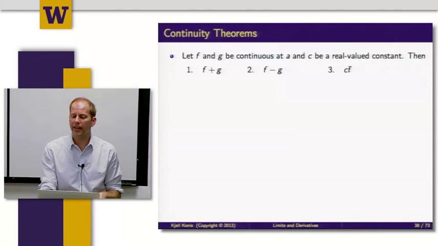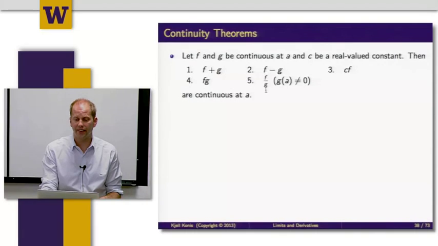If I multiply a continuous function by a real value, that's also going to give me a continuous function. If I take the product of two continuous functions, that's going to be a continuous function. And as long as the denominator is not equal to 0 at the point A, then the ratio of two continuous functions is also going to be continuous.